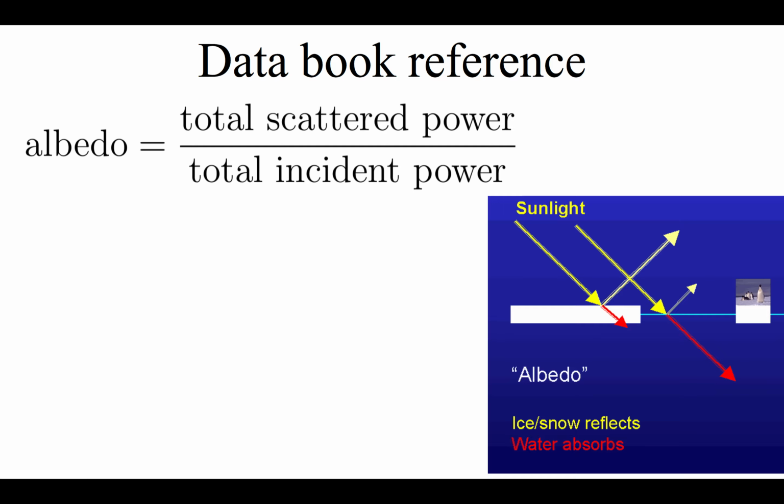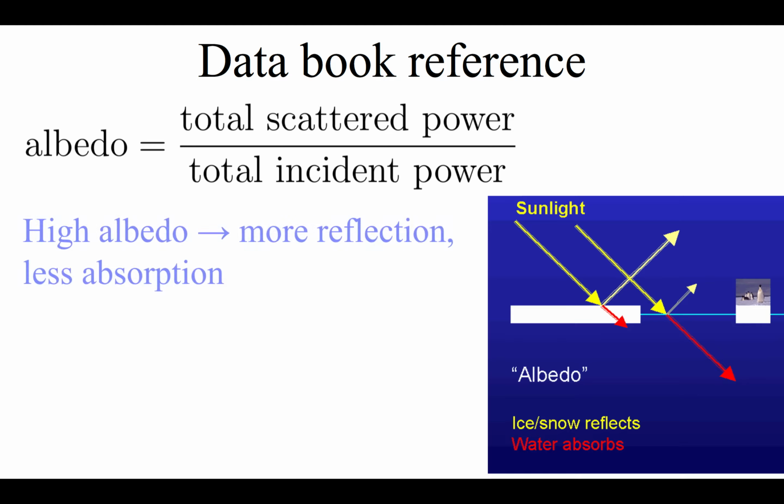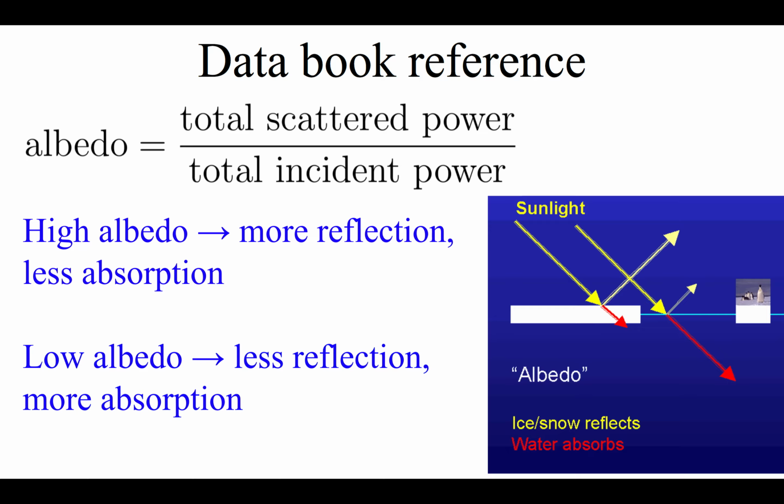It just shows that different surfaces have different albedo factors. So a high albedo means that there is more reflection and less absorption of energy. And a low albedo means that there is less reflection and more absorption of energy.